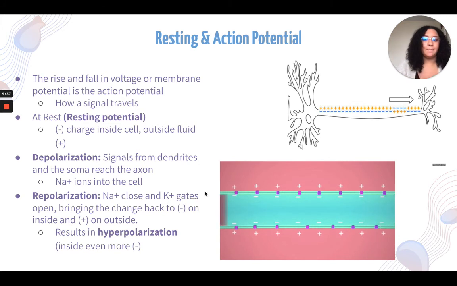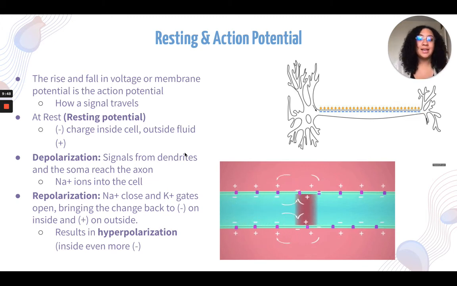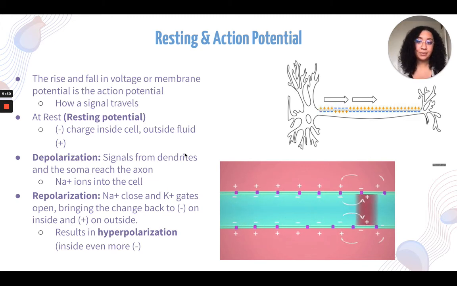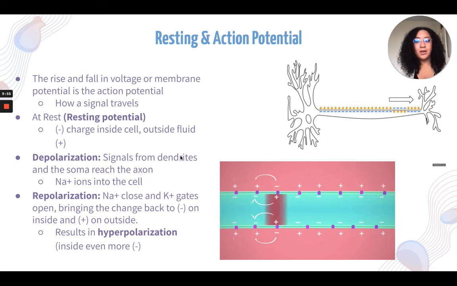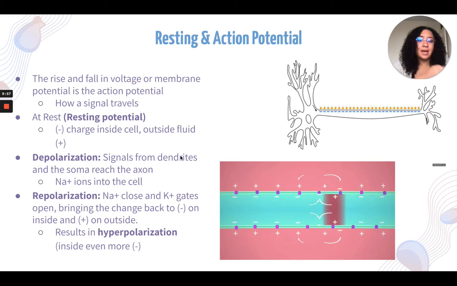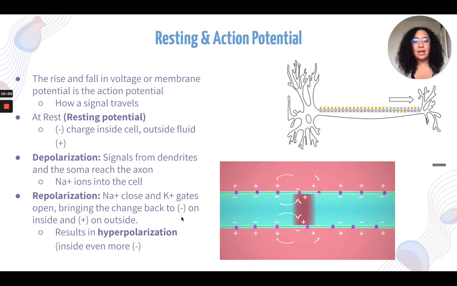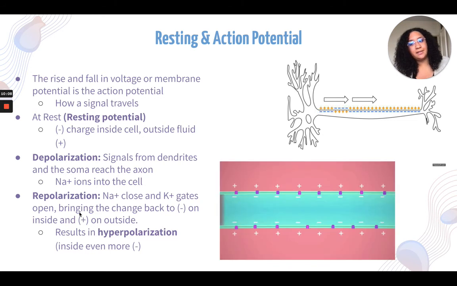Okay, and then repolarization occurs when these channels close, so the sodium channels close and then the potassium channels open, which brings the charge back to a negative on the inside and positive on the outside. Okay, so that's repolarization. It's going back to how it was.